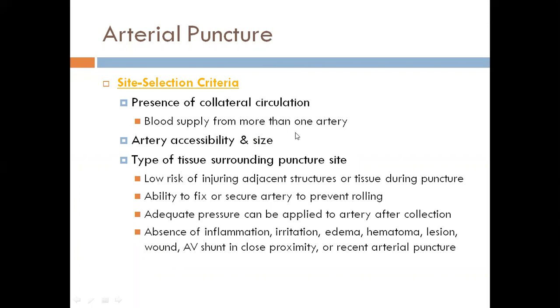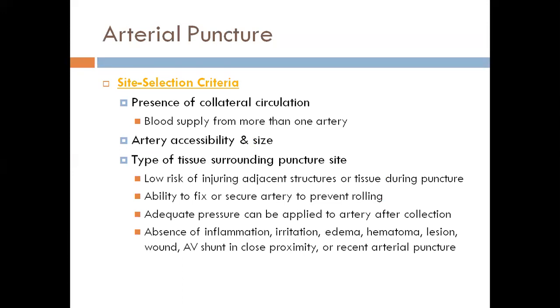When you say collateral circulation, the blood supply is coming from more than one artery. So hindi lang yung artery na tutusukin mo yung pwedeng mag-supply ng blood doon sa maaapektuhan na parte ng katawan. Okay? Iyon yung tinatawag natin na presence of collateral circulation.